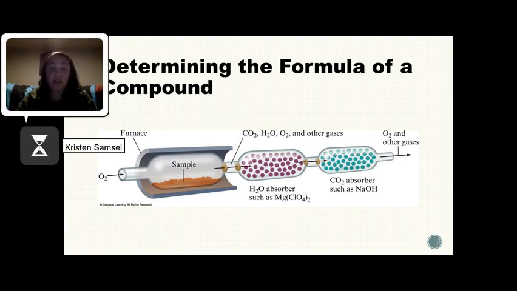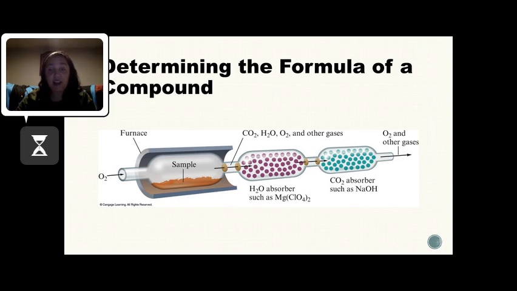So if we want to determine the formula of a compound, there are some tools we can use if it's an unknown that we really don't know anything about the sample. So here is actually a combustion device. You see a furnace where the sample goes in. It's then heated and oxygen is pumped in, so you have an excess of oxygen. Now, the way it works is that any hydrogen present is going to react with oxygen to create water, which is then absorbed.